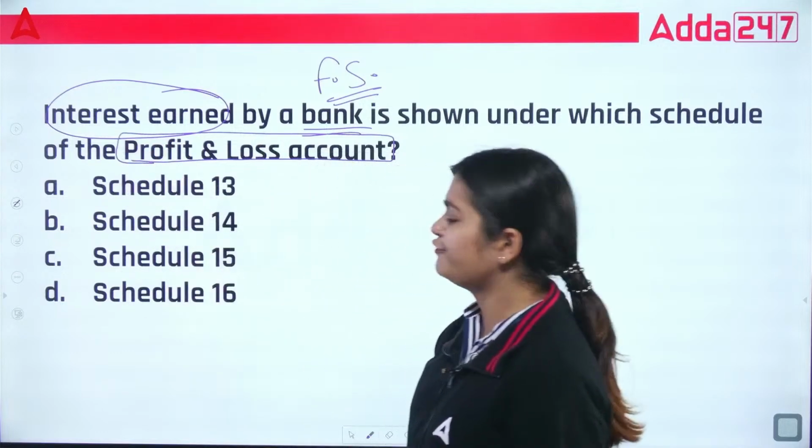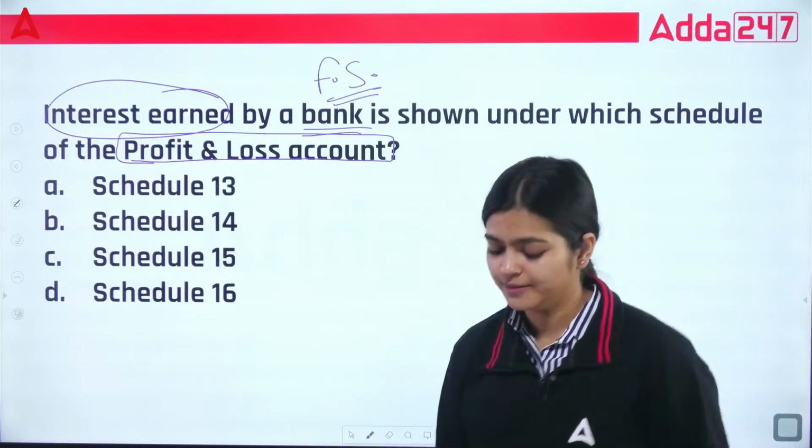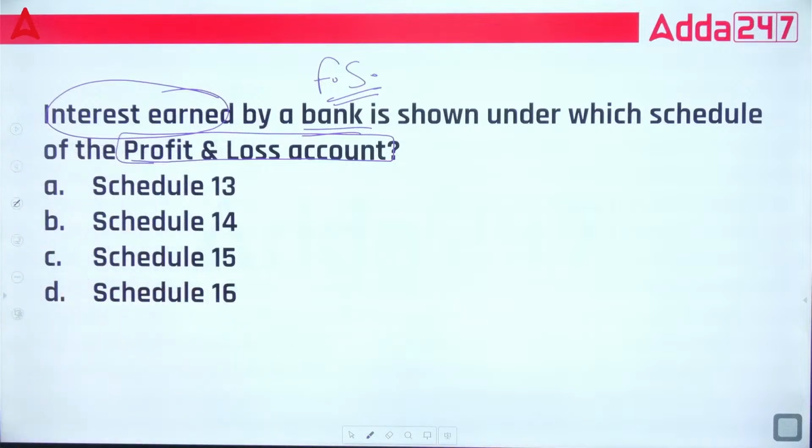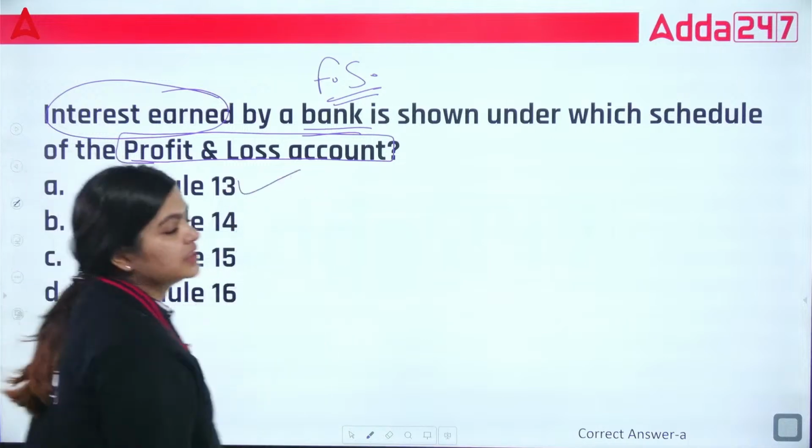Tell me, 13, 14, 15, 16. In the P&L, in which schedule are we going to show this interest earned? So we are going to show this interest earned under schedule 13.